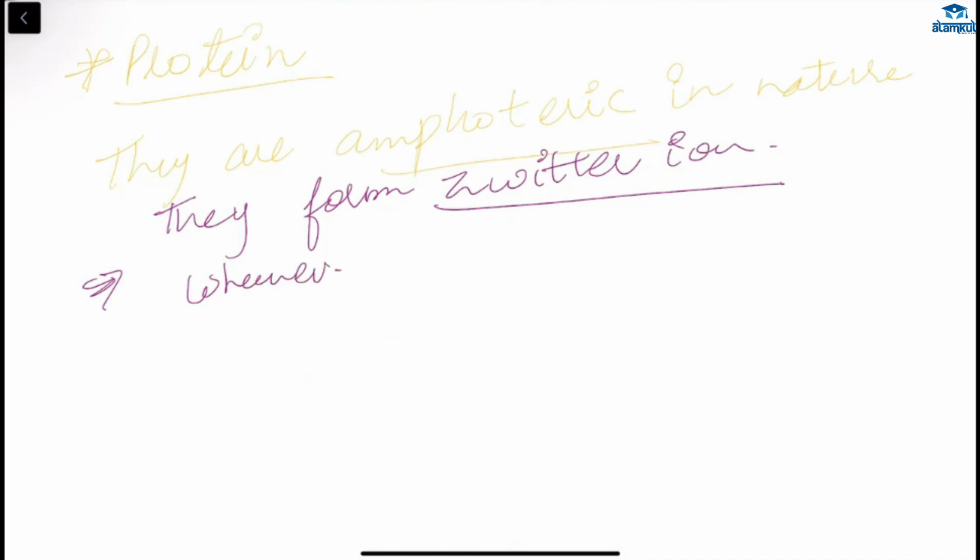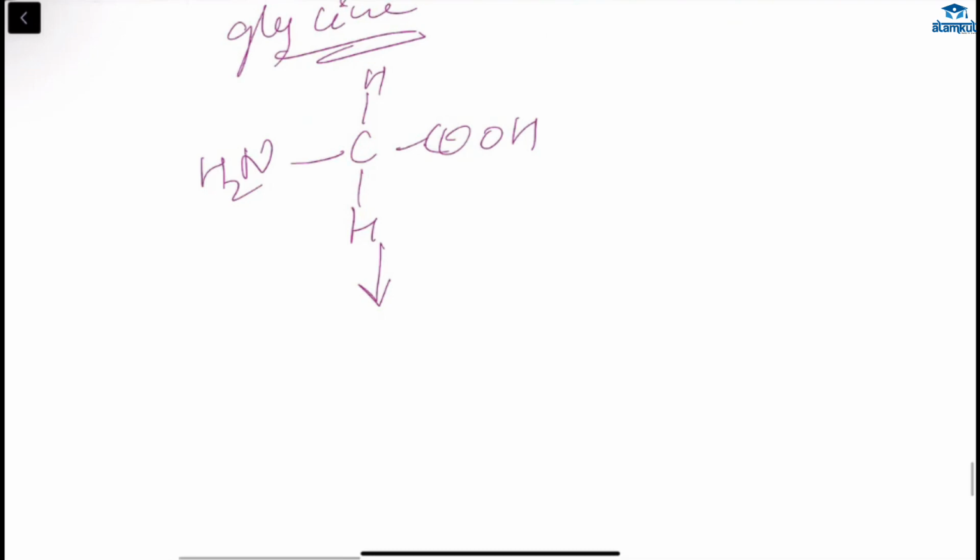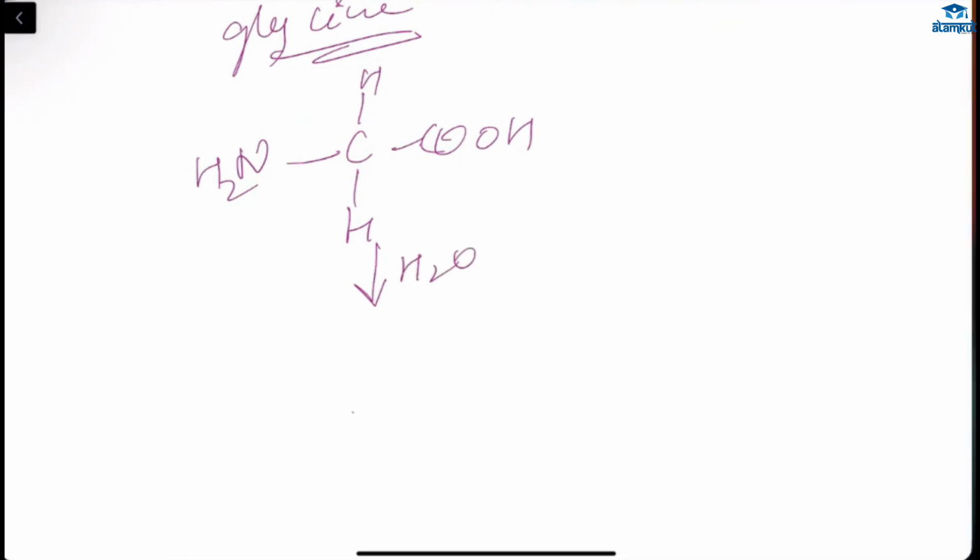Whenever any protein is hydrolyzed or reacted with water, for example we take glycine. This is the structure of glycine, NH2 and COOH. If we put this inside water, what happens?